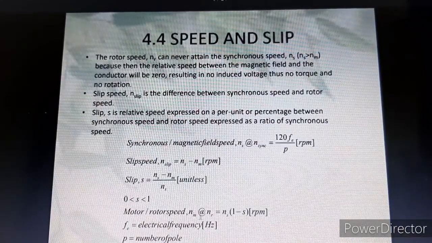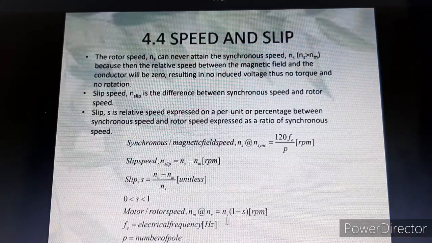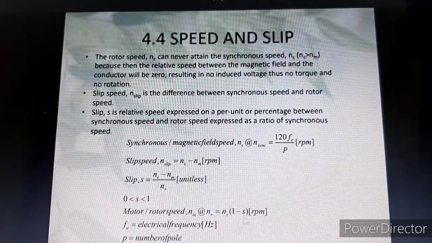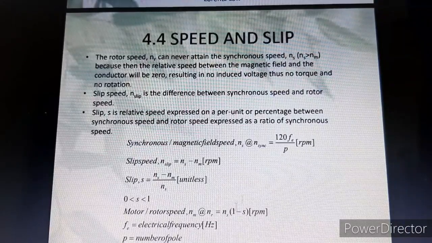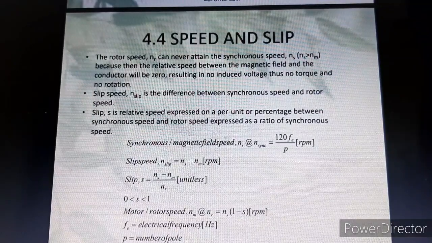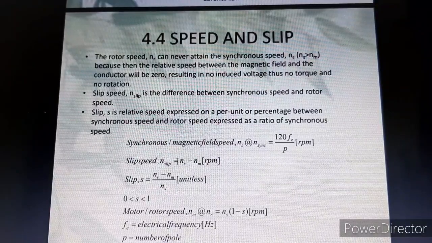It can be written as either nm or nr, and the formula is ns times (1 minus s). As I've explained before, motor speed must be slower than synchronous speed, so ns is always higher than nm. The difference between ns and nm is called the slip speed.